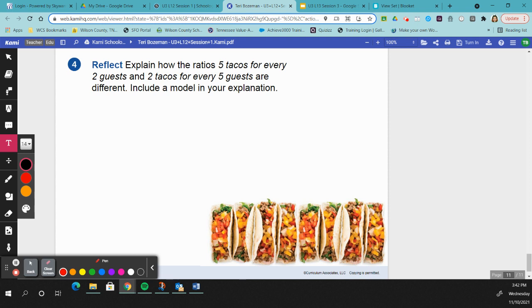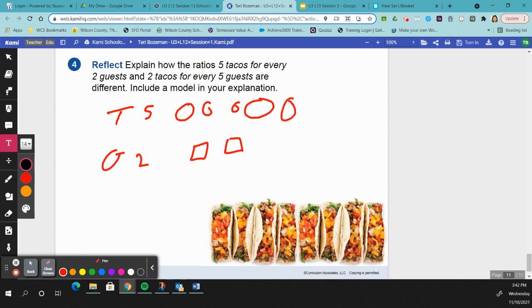So if we have 5 tacos to guest, right? 5 to 2, taco, right? And we have 2 guests. They want to know how that is different than 2 tacos.